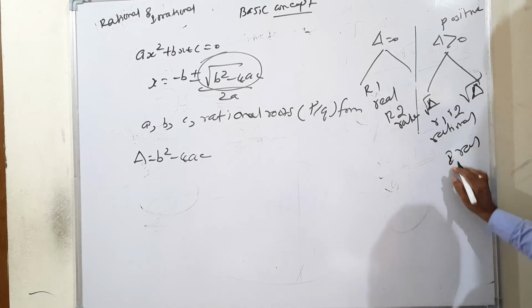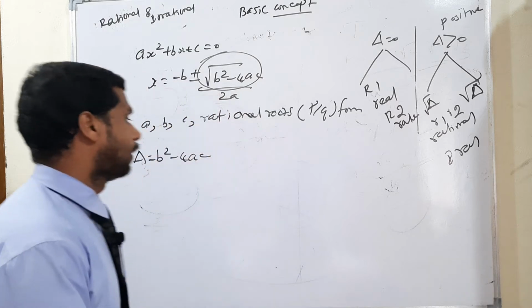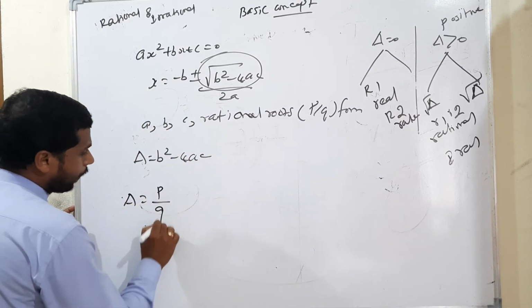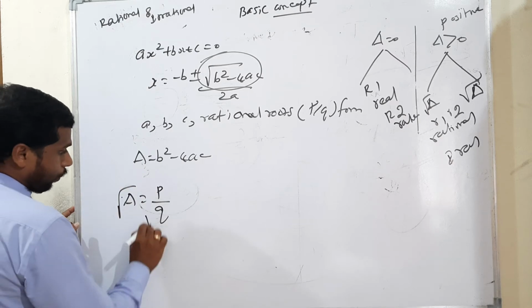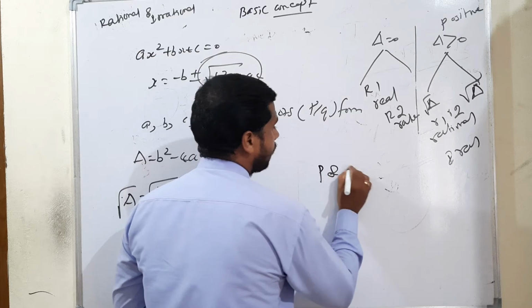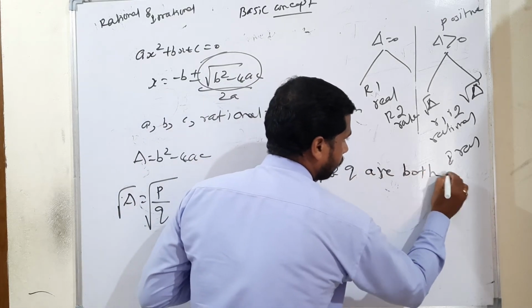Now we move to this discussion. Listen, when you get a rational result, if Δ = p/q, then root p/q means p and q are both perfect squares.